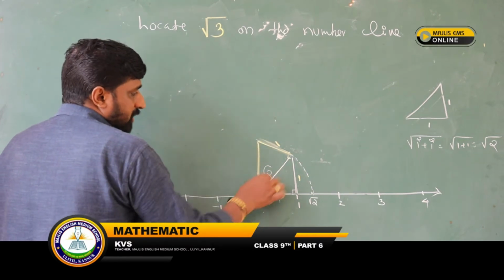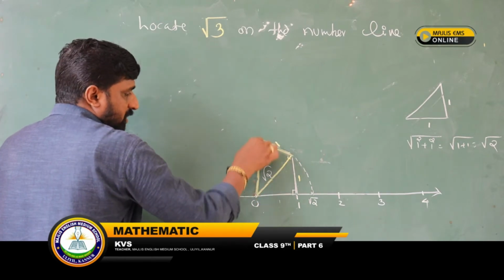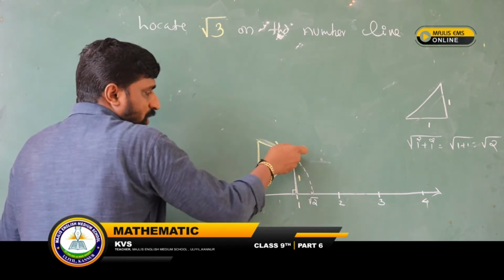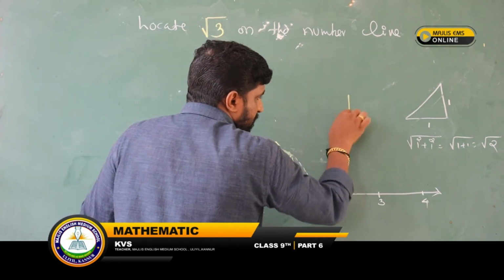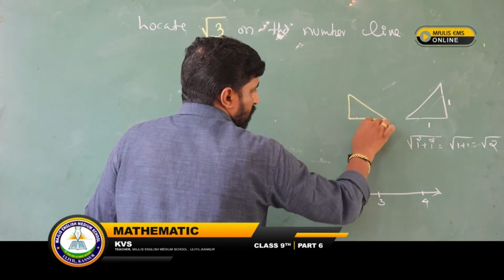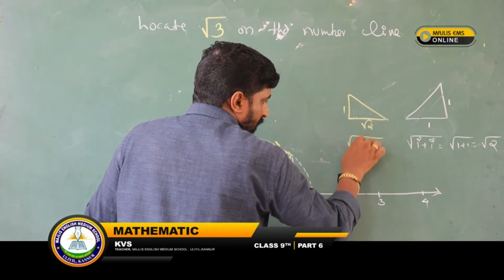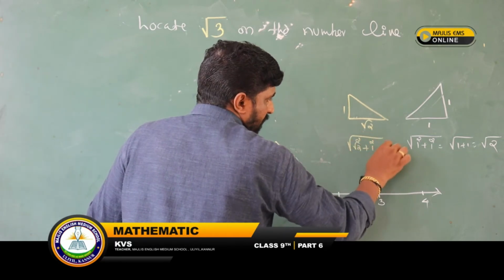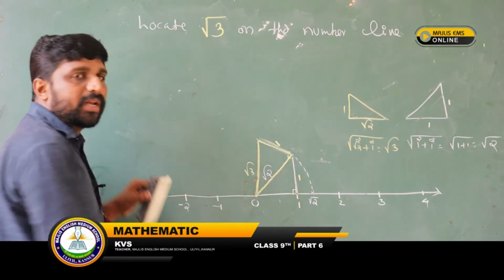When we consider this triangle, this side is root 2 and this is 1, we got a right triangle like this. Now by using the Pythagoras theorem again, root 2 square plus 1 square, we got root 3. Therefore this hypotenuse is root 3 now.